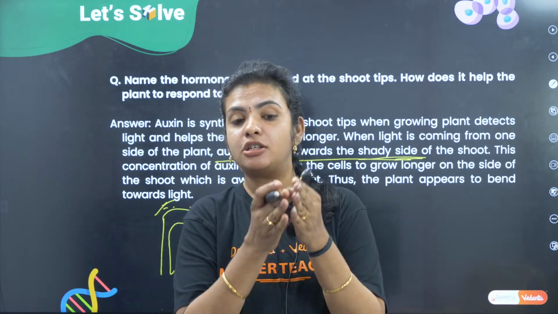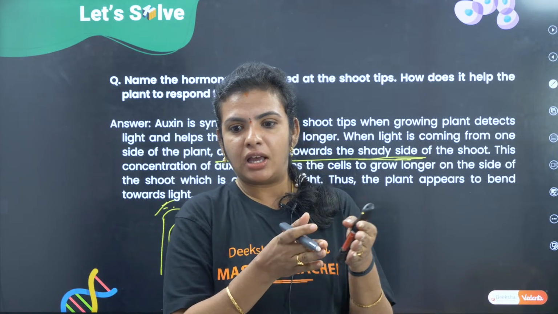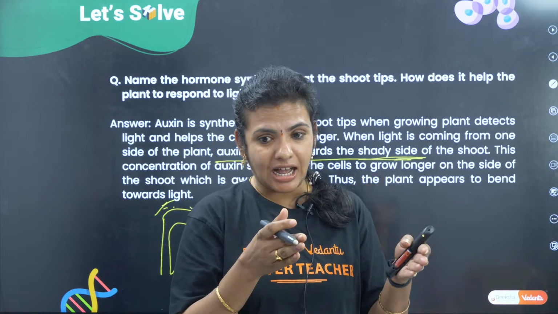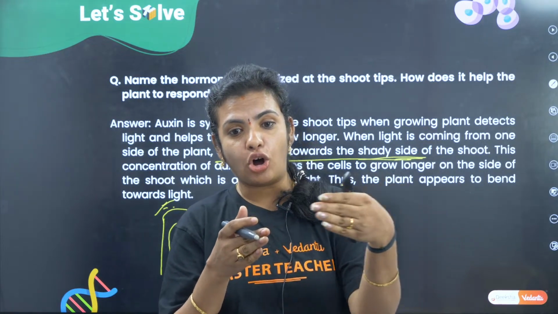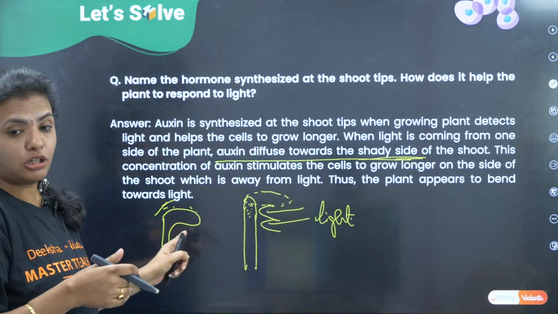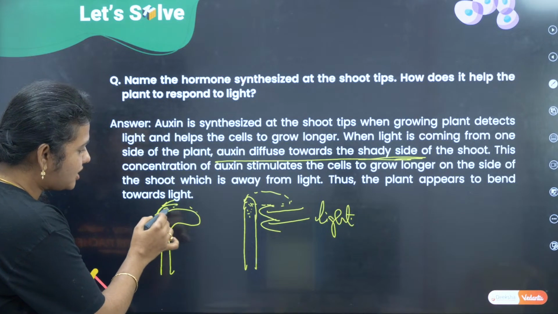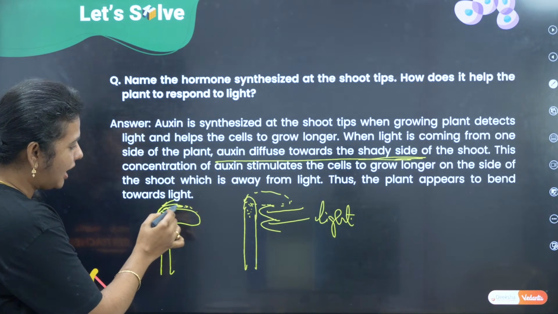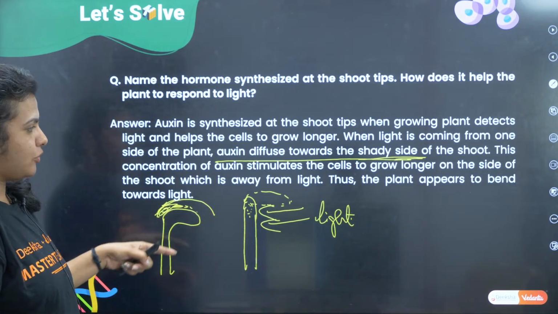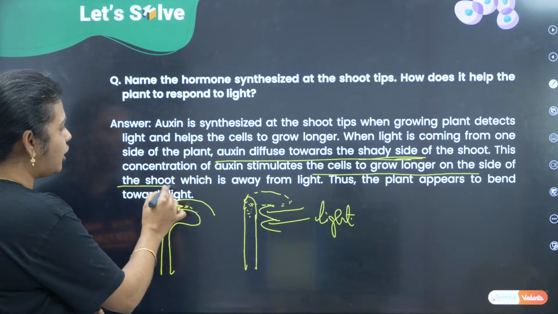You have 3 people marching, and the last person will be taking the longest step. Correct? So the same logic is applied here. The cells which are present in this part will take a longer side. Okay. So you see the cells grow on the side of the shoot.